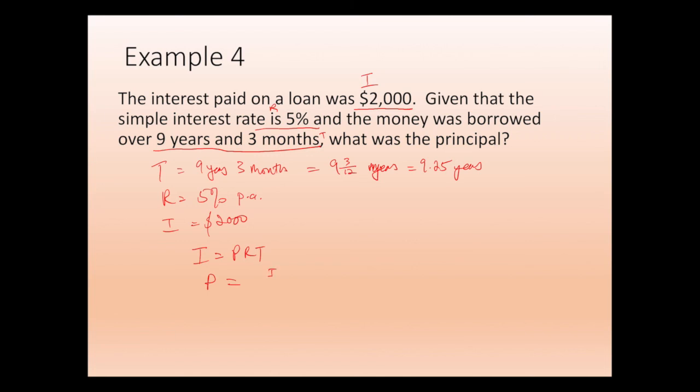So we know that I equals PRT, therefore P equals I over RT. In this case it is 2,000 over R, which is 5% or 0.05, times T, which is 9.25. Actually, I might write everything in decimal, makes it a little bit easier.